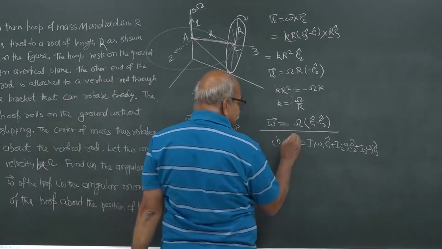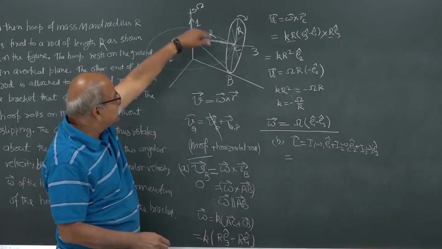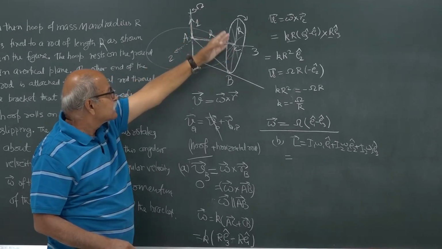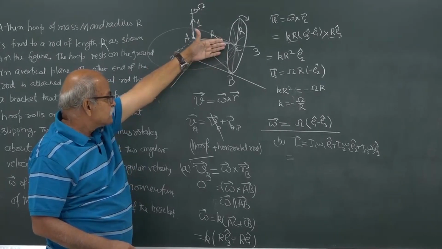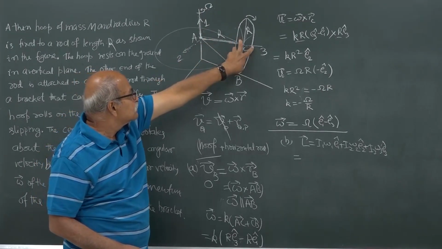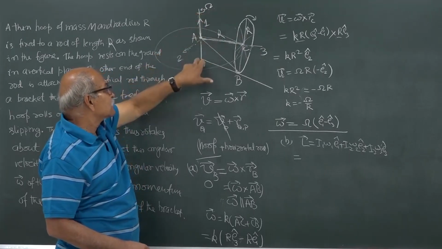So, this is L, in our case it is I1. If it is a hoop, whole mass is concentrated on the periphery and the radius is capital R, mass is m, and therefore, what is I1? I1 is the moment of inertia with respect to one axis, and the axis is here, this is one axis.